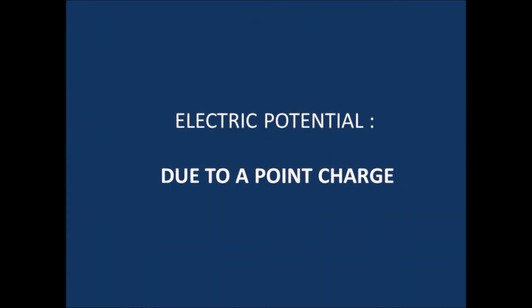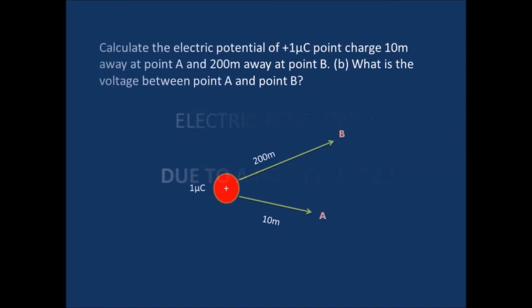In this part, I will show you one example of electrical potential due to a point charge. Based on the figure, we need to calculate the electric potential of a 1 microcoulomb point charge 10 meters away at point A and 200 meters away at point B. Another question is, what is the voltage between point A and point B?